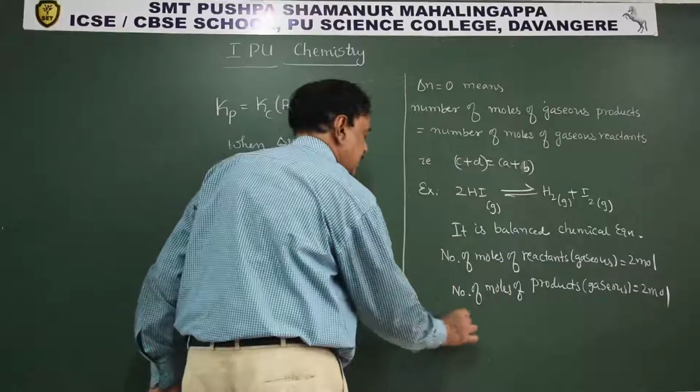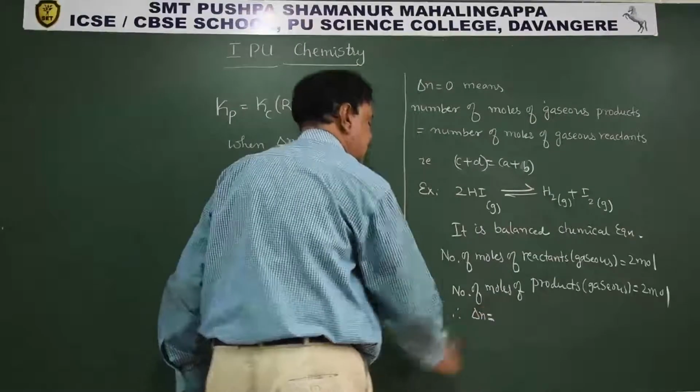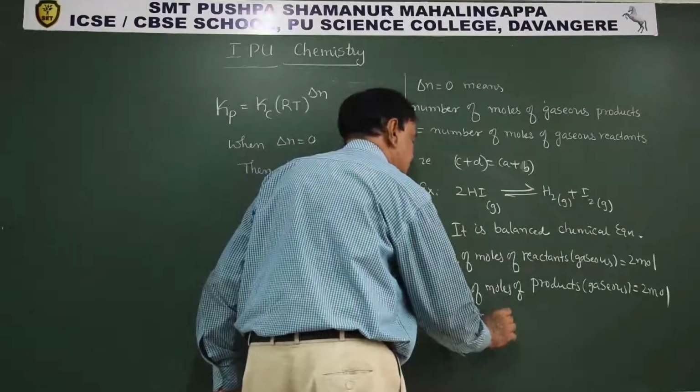The number of moles of gaseous products is equal to 2 moles.